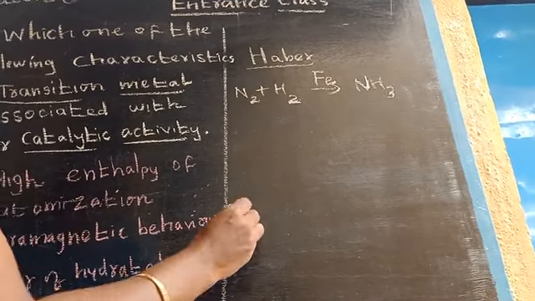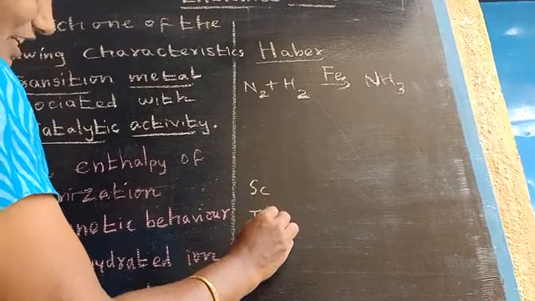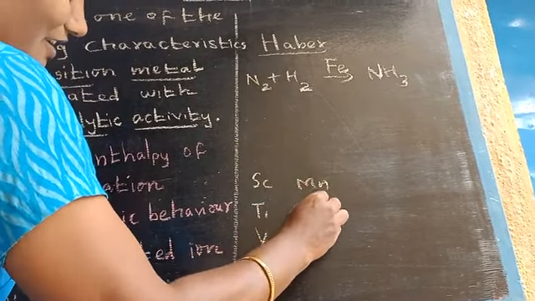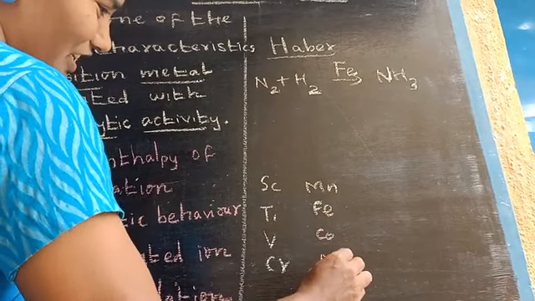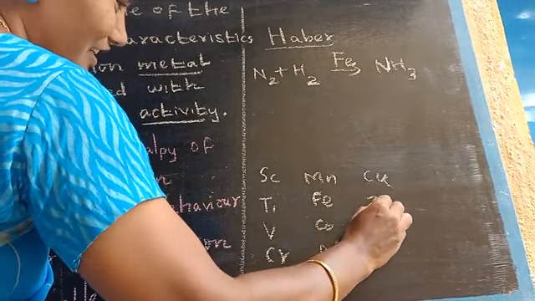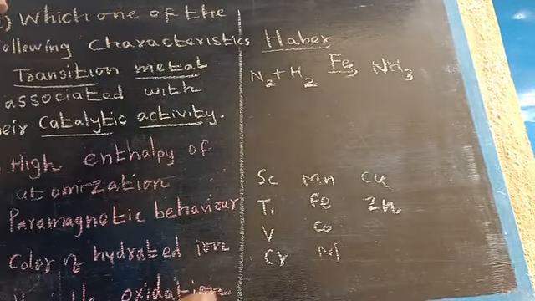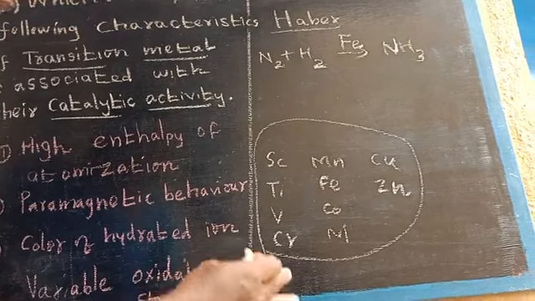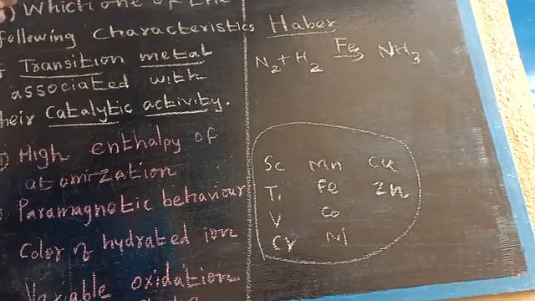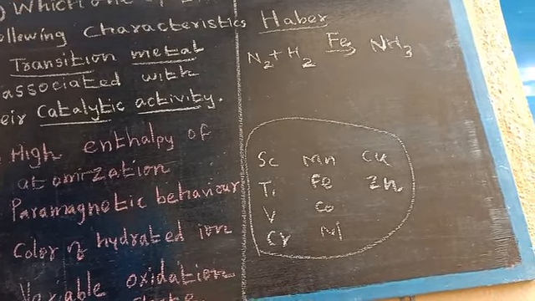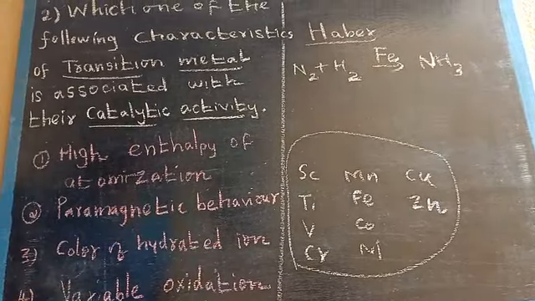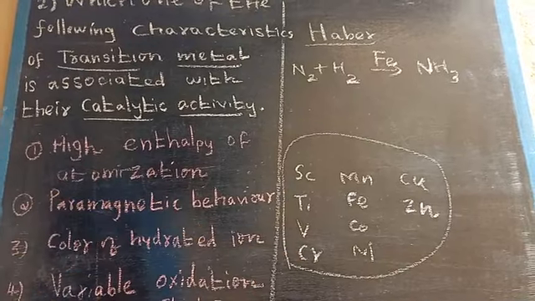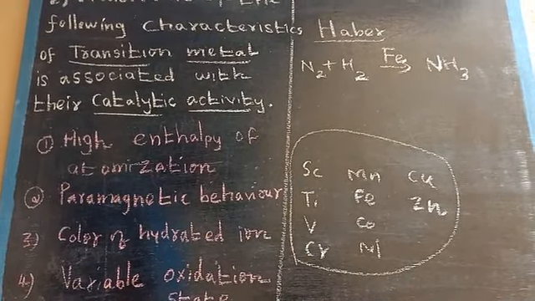We know the transition metals: scandium, titanium, vanadium, chromium, manganese, iron, cobalt, nickel, copper, zinc. This is the 3d series, and the same way for the 4d and 5d series. Transition metals act as catalysts. The reason is that each transition metal exists in more than one oxidation state.